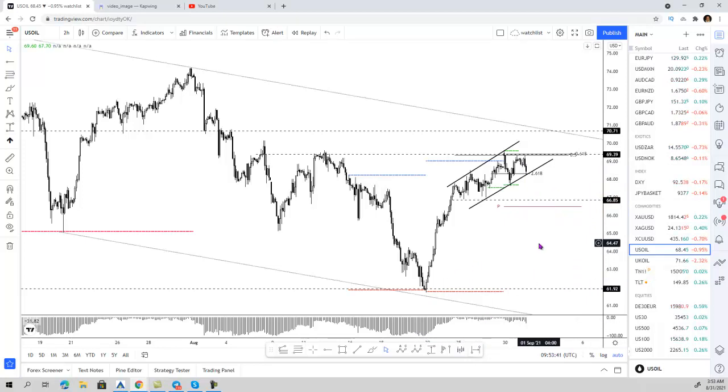So that's the plan. Price could very much invalidate this entire idea and continue to the upside, but I don't have a plan for a rally in crude oil. My only trading plan here is, and only if we get that breakout that I just talked about.